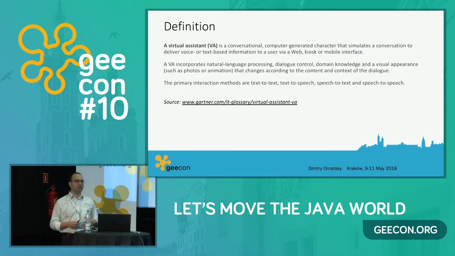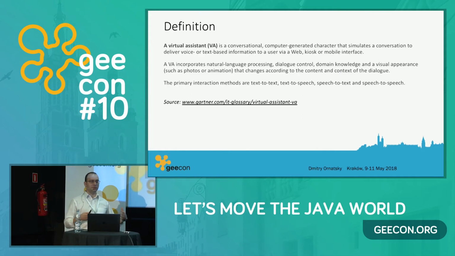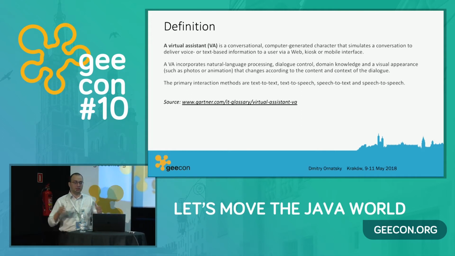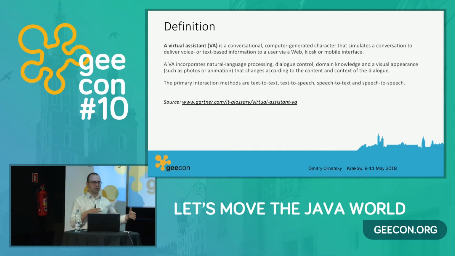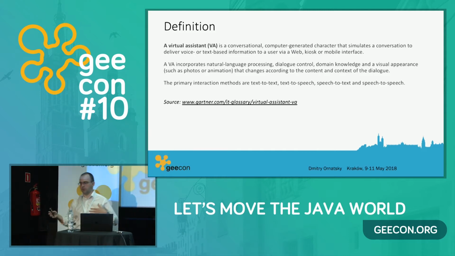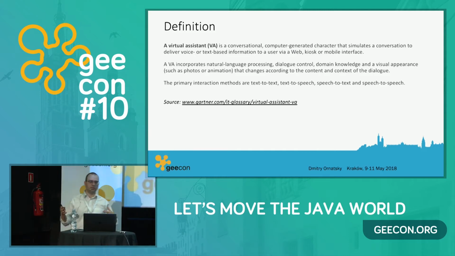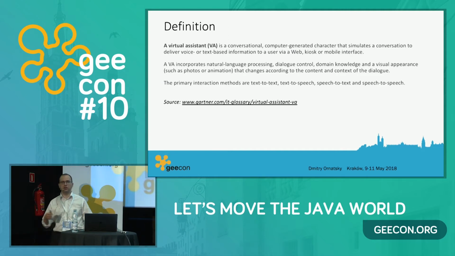It can be anything with a real-world case. It incorporates various bits: natural language processing, dialect control, obviously domain knowledge, and a few other aspects of natural language processing, depending on whether you're dealing with speech or written text, what kind of language you're dealing with, and so on and so forth. And you communicate with these things through text, through speech, and it can talk or write to you in response.